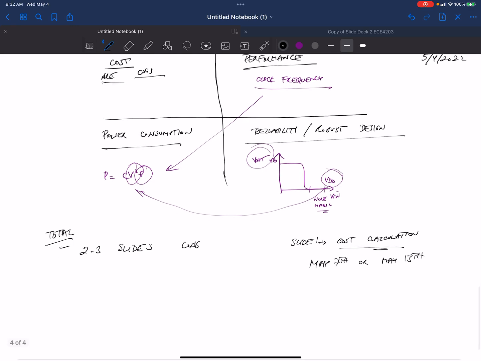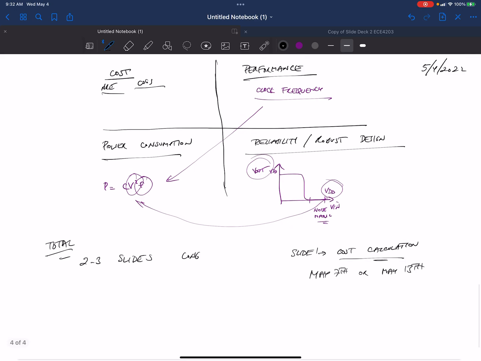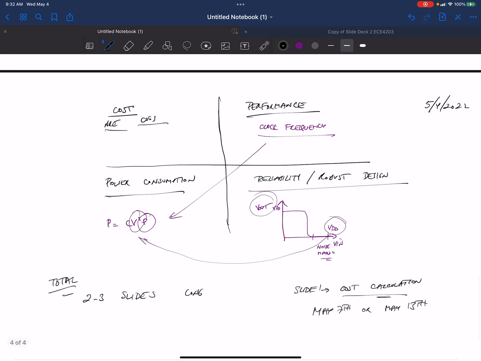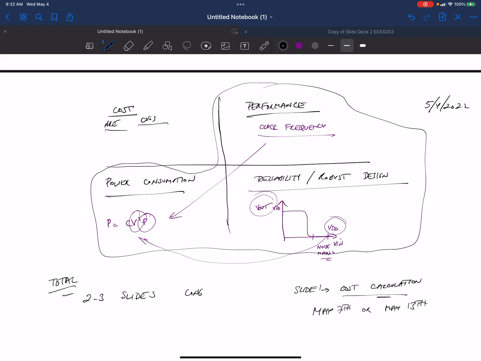So I would be meeting with you individually, and we would look at that, make sure things are okay, and then try to come up with some business reason or look at what you could put into slides 2 and 3 in regards to some of these other metrics. Okay, and we'll see how successful that is doing it together.